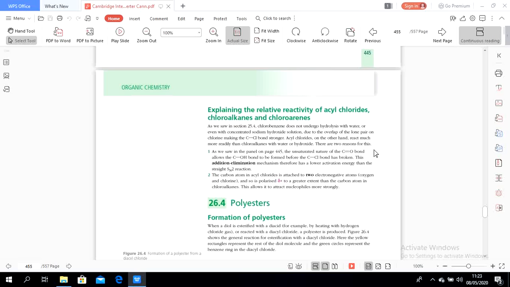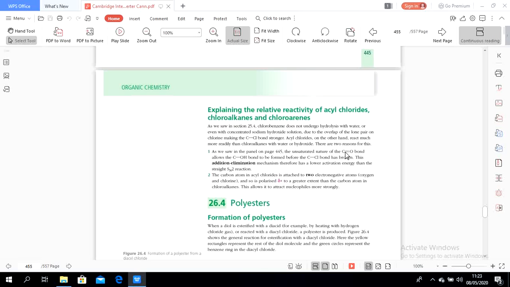So there are two reasons for this. First, the addition-elimination mechanism has lower activation energy than the nucleophilic substitution 2, or SN2, reaction.